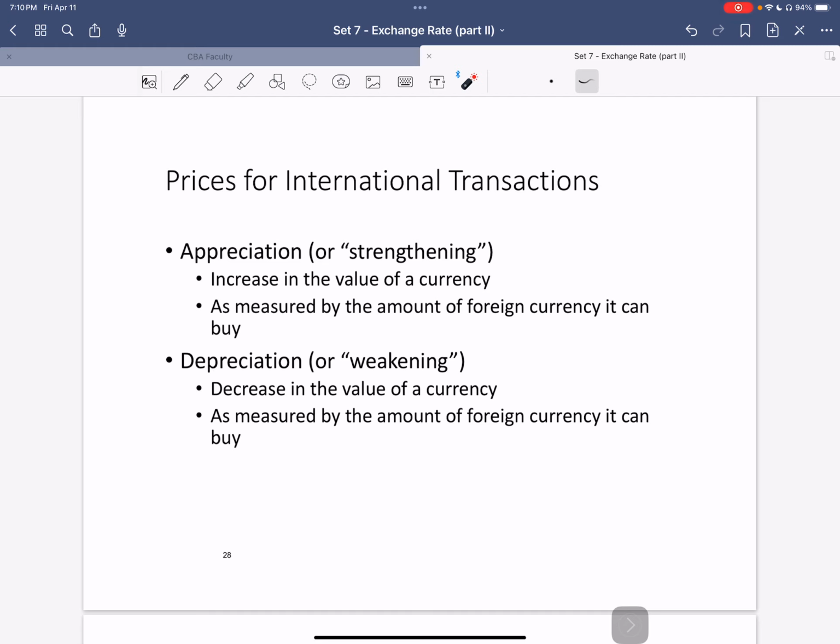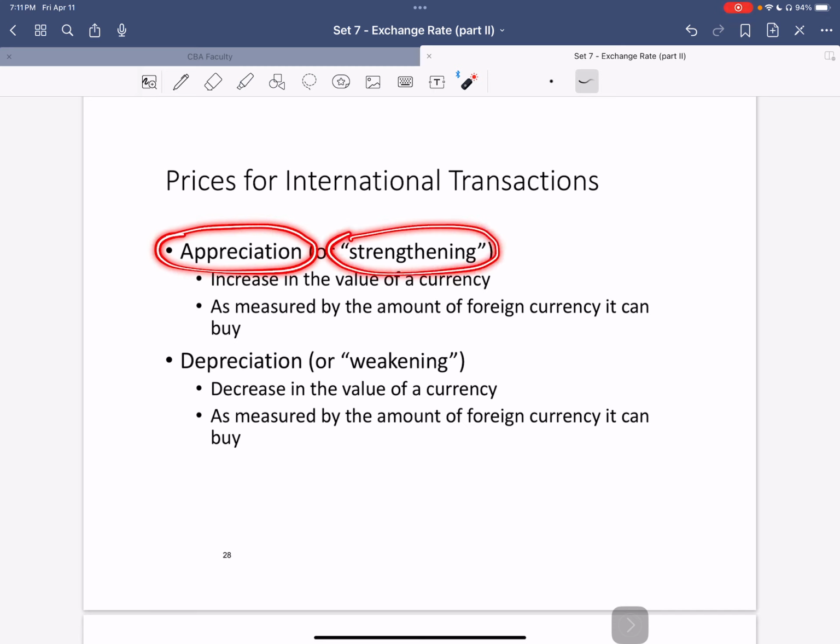If I want to talk about it in economic language, instead of saying strong dollar, we say appreciation. If I want to say weak dollar, it means that the value of the dollar has decreased, and we call it depreciation. We use appreciation and depreciation for any of the currencies.